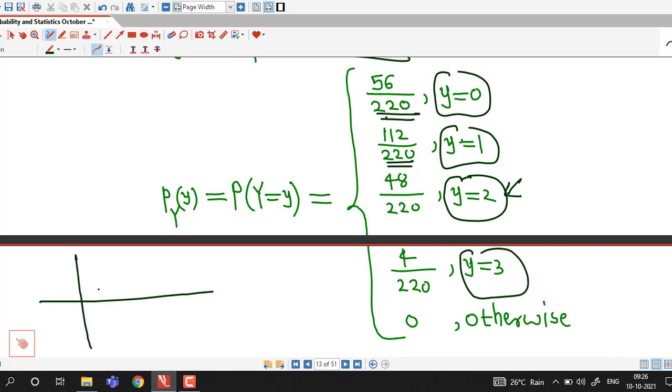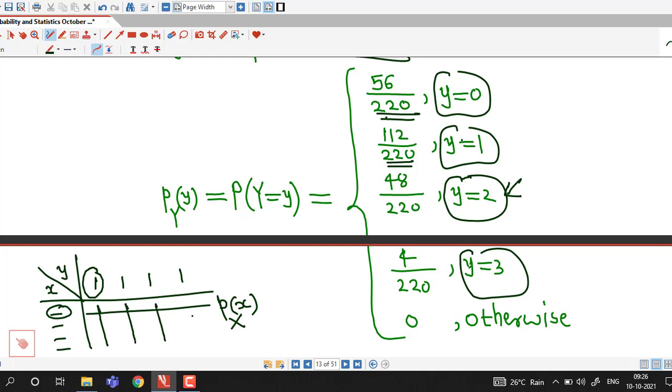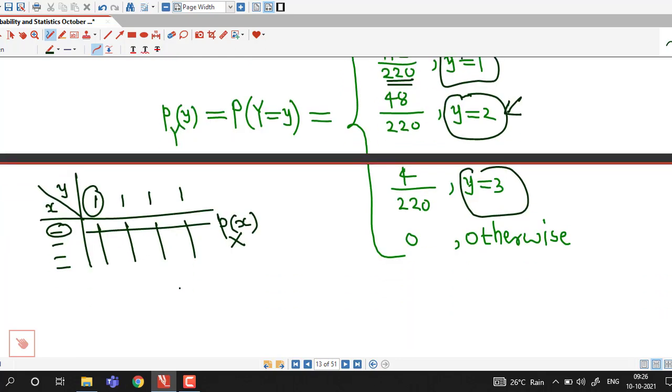So if we write our joint probability distribution with rows corresponding to values of x and columns corresponding to values of y, then row totals will give us values of the marginal probability mass function of random variable x, and column totals will give us values of the marginal probability mass function of random variable y.